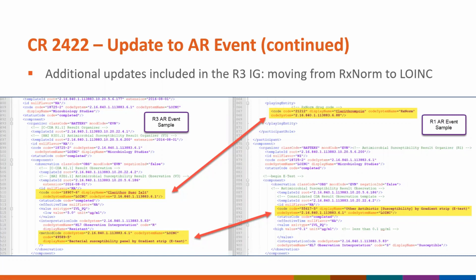Similarly, the testing method for each of the individual tests, in other words, the E test, MIC, and KB test, will use a more specific LOINC code as shown in the comparison. AR event sample files using the R3 normative IG will be shared when they are available in the upcoming months.